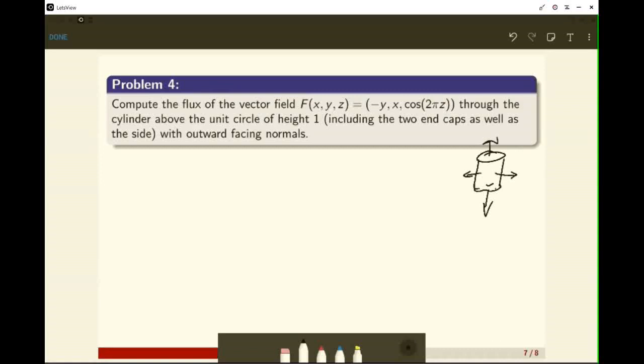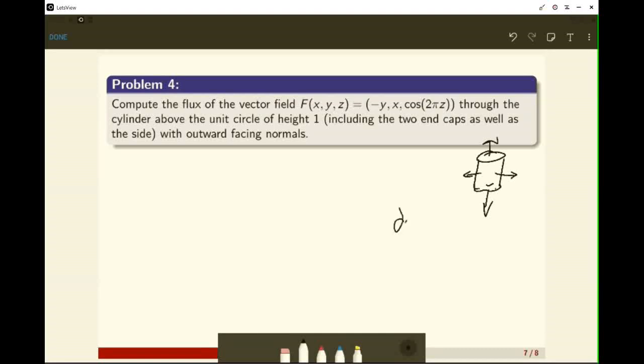But that means that we would have to do 3 pieces of this computation, and working with all these vector quantities could be rather annoying. But we've got something that would be a very nice region to integrate over in cylindrical coordinates, being exactly a cylinder. And so we might want to take this vector field, compute its divergence, and then do our computation by integrating the divergence over the interior of the cylinder.